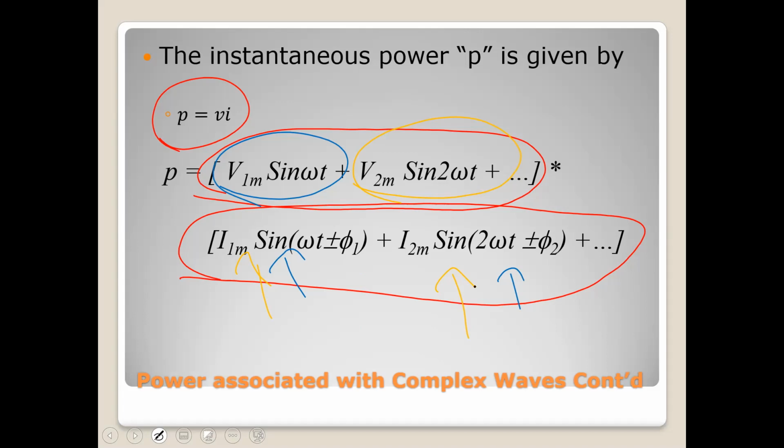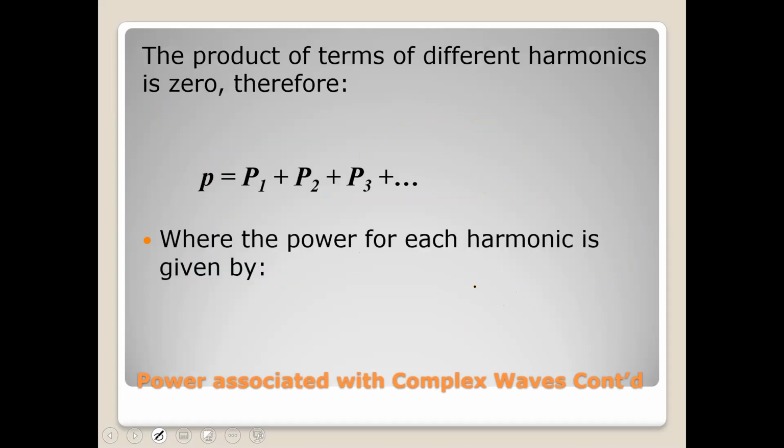All right. Now, in doing that, what I said just now, which you will have to accept, is that we will find that P, which is equal to P1 plus P2 plus P3, would be given by the product of like harmonics.